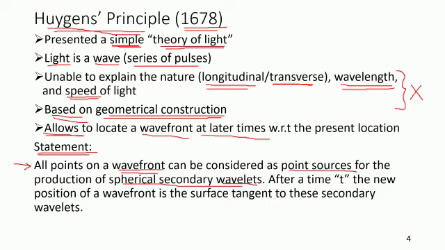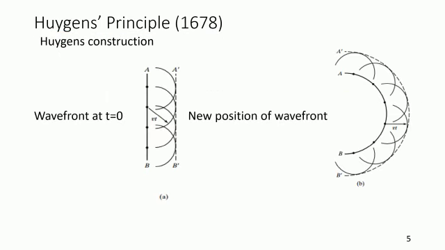And now the second portion tells us the location after some time. After a time t, the new position or location of a wavefront is the surface tangent to these secondary wavelets. Let us come to the sketch of this.